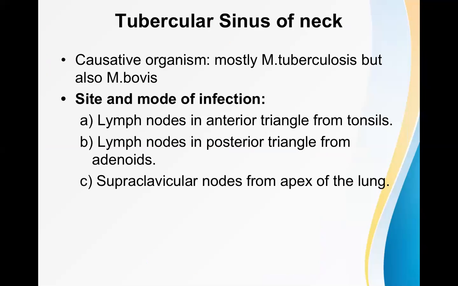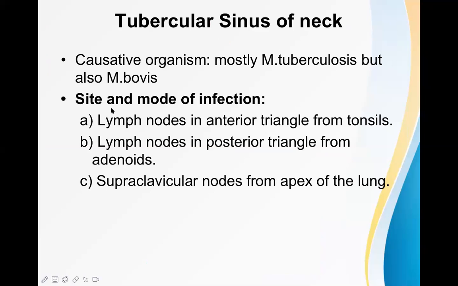Now let's talk a little bit about an important type of sinus, that is tubercular sinus of the neck. The causative organism, of course, is Mycobacterium tuberculosis most of the time, but don't forget about Mycobacterium bovis as well, because Mycobacterium bovis can also cause tubercular disease.